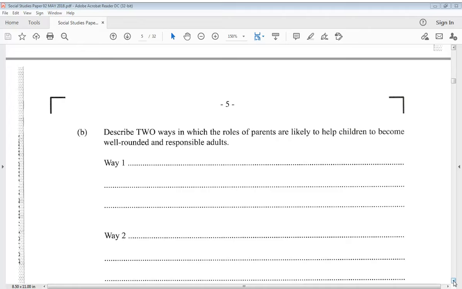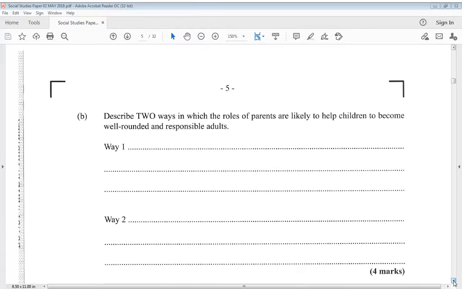When children see their parents being industrious, setting a good example in being hardworking and earning an income for the family, then it is more likely that these children will learn from their parents' good example and will see the importance of providing economically for their family. So that's one of the ways.